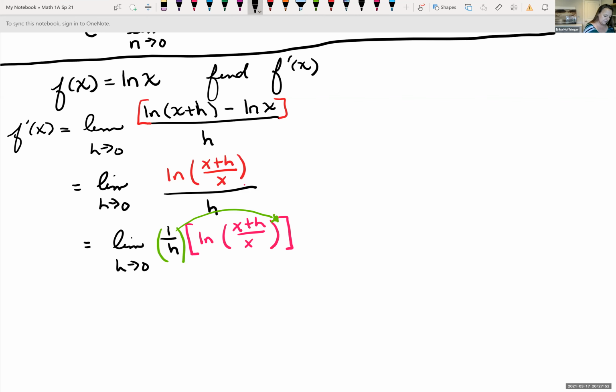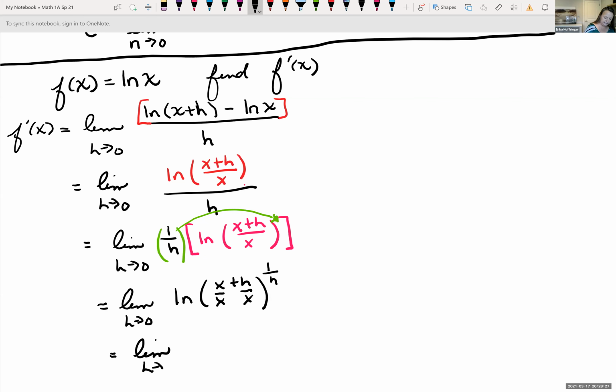And so I could rewrite this as the limit as h goes to 0 of the natural log of x plus h all over x, and maybe at the same time I'm going to rewrite x plus h all over x as two separate fractions, x over x plus h over x, all raised to the 1 over h power.